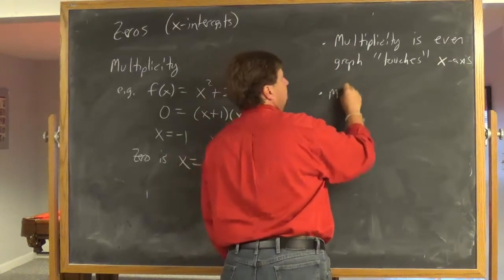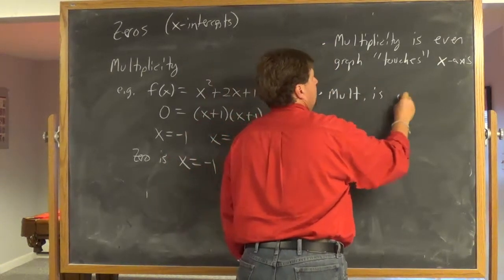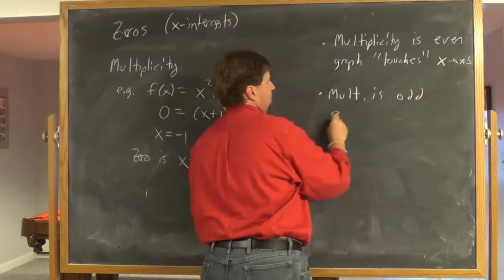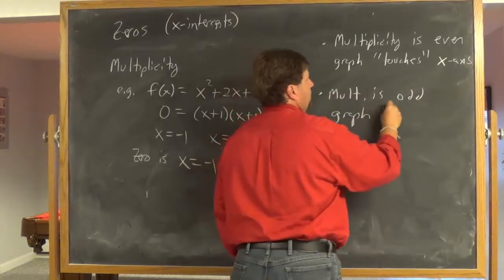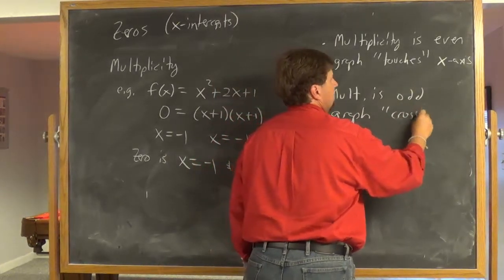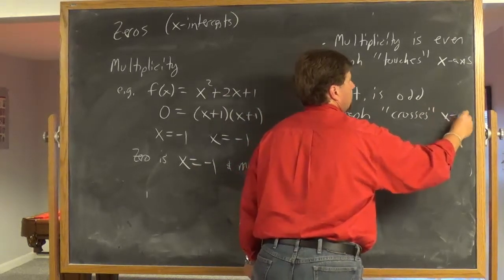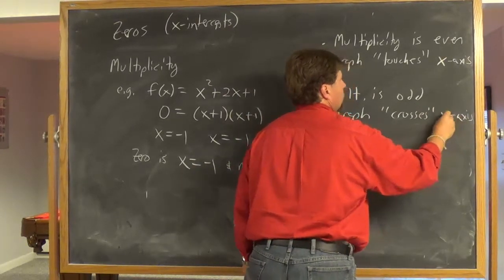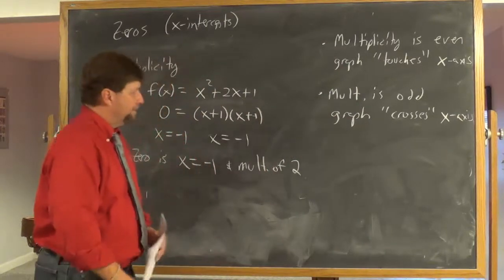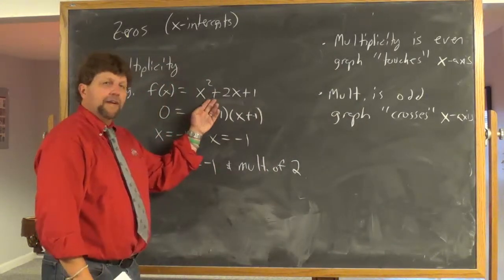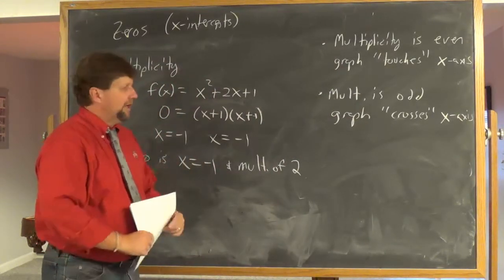If the multiplicity is odd, then the graph will cross the x-axis.